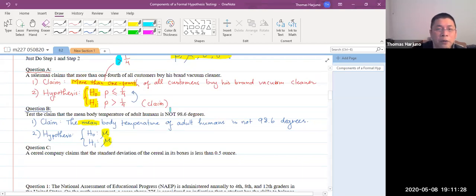And then when I read further, "is not" implies not equal to. There is no equal sign, so it goes to the alternate hypothesis. That's the claim. Because the alternate hypothesis uses the not equal sign, the null hypothesis should be the complement.